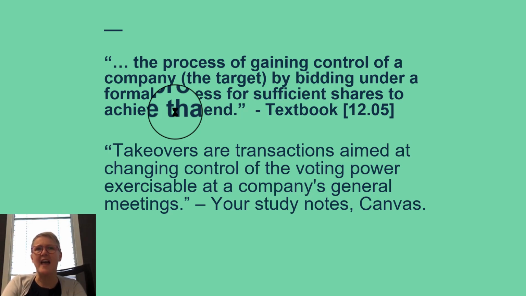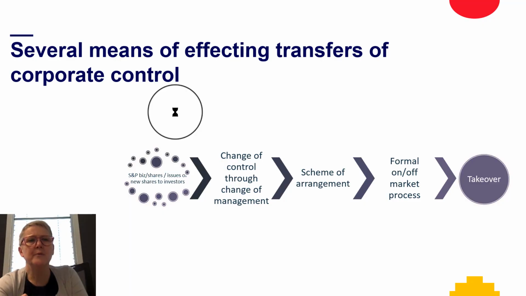These are transactions aimed at changing control of the voting power that can be exercised at a general meeting. But there are lots of other ways, as Billy just suggested, beyond voting power, of affecting a transfer of corporate control.